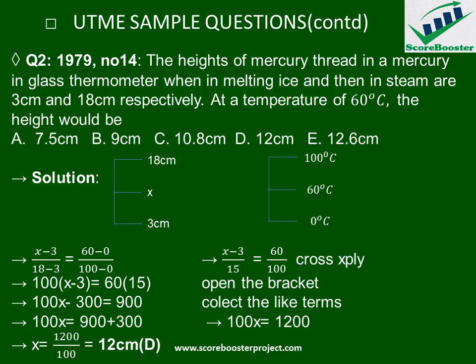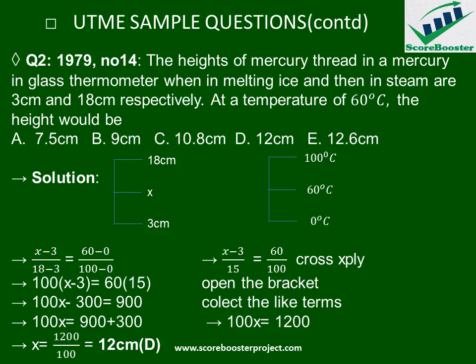Then in solving, we compare using the formula: the intermediate temperature minus the ice point over the steam point minus the ice point of the mercury-in-glass thermometer equals that of the temperature in Celsius.